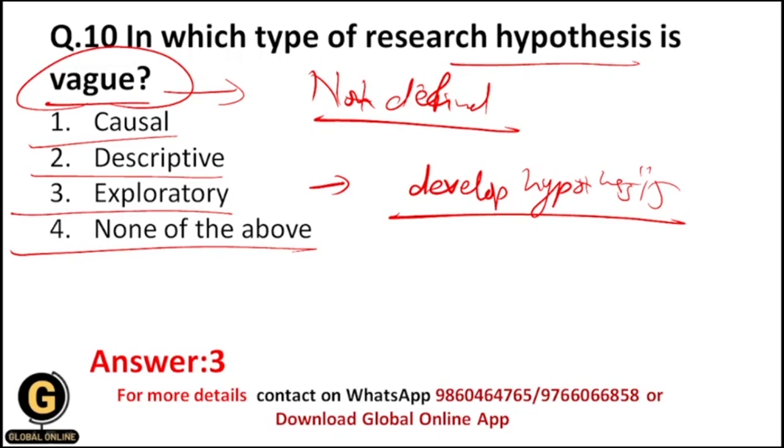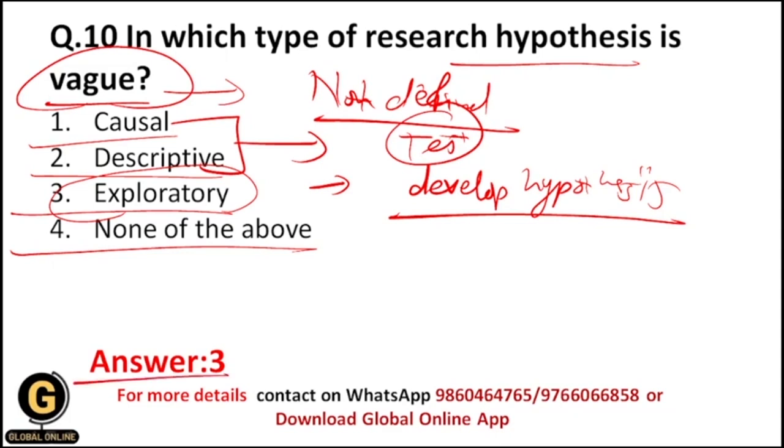So the hypothesis is vague over here, that is, it is not defined. In the causal and descriptive research types, the hypothesis is clearly defined, so that we are going to test the hypothesis over here. But in the exploratory research design, we don't test the hypothesis, we only develop it, because it is not clear. That's why the correct answer over here is 3.